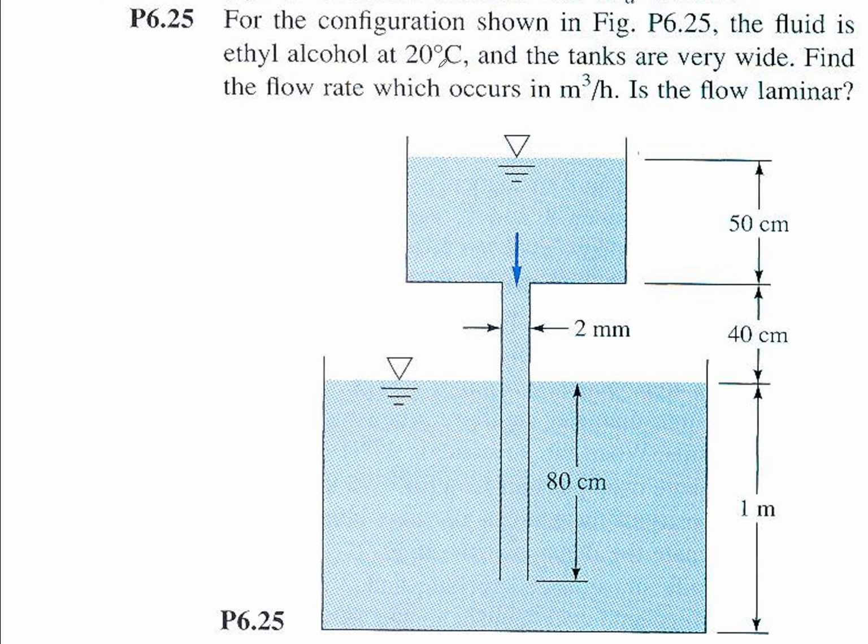The fluid is ethyl alcohol and you have very large tanks so that the level in the tank stays constant, doesn't drop very fast. So the question is, in this case, what should the flow rate be in meters cubed per hour? And it asks you if the flow is laminar.